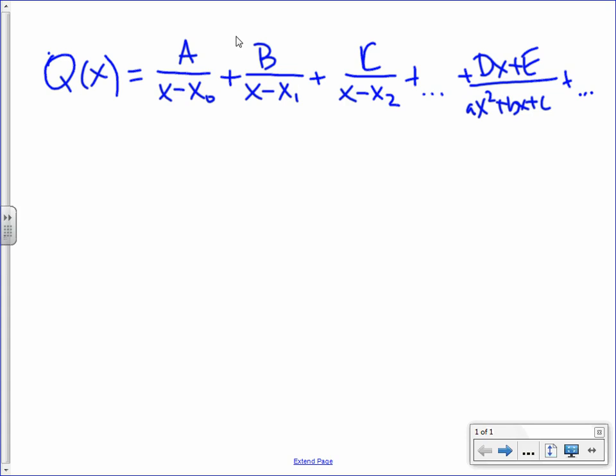Okay? So if you remember, we factored our denominator so that we can break it up into that many fractions. If we have a linear denominator, then we're going to put a constant in the numerator. If we have a quadratic denominator, we're going to put a linear in the numerator.